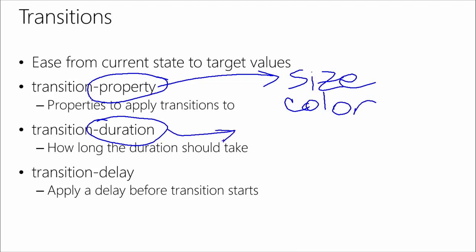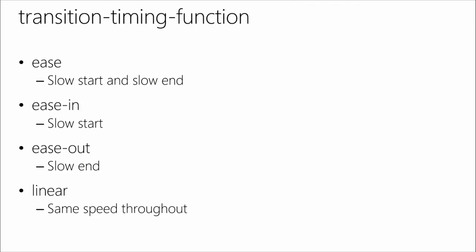Then the duration is simply how long I want it to take. That's really it. The delay allows you to incorporate a little bit of a delay, to hold off before making that change. And finally, last but not least, is the timing function, which impacts how it's going to start, go in the middle, and then finish.